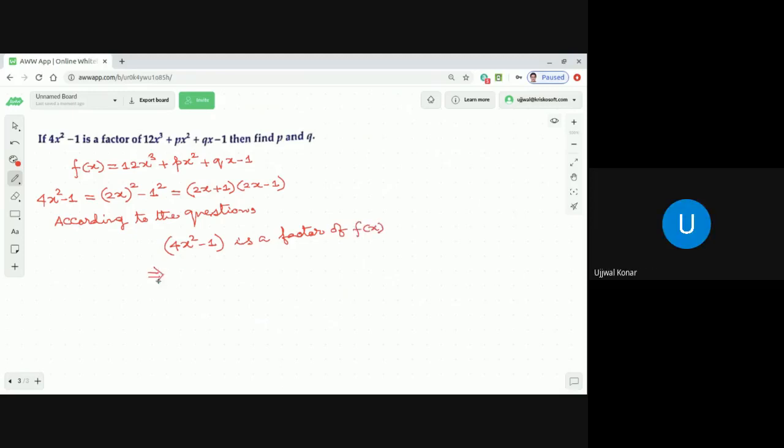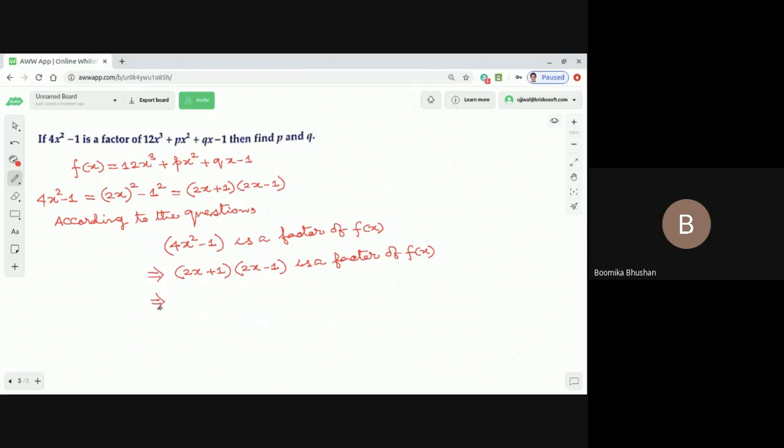This implies 2x plus 1 into 2x minus 1 is a factor of fx.